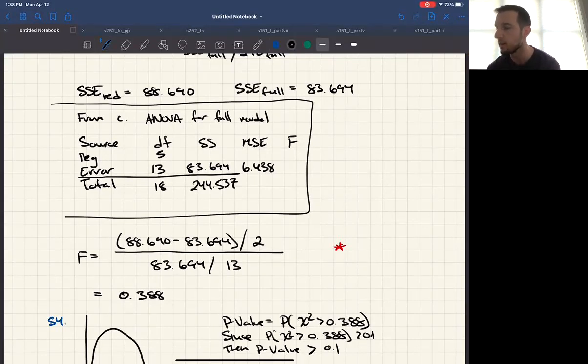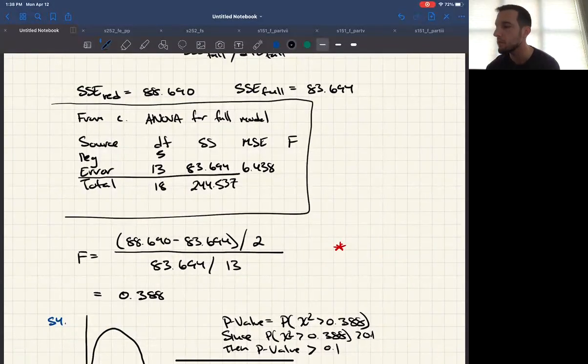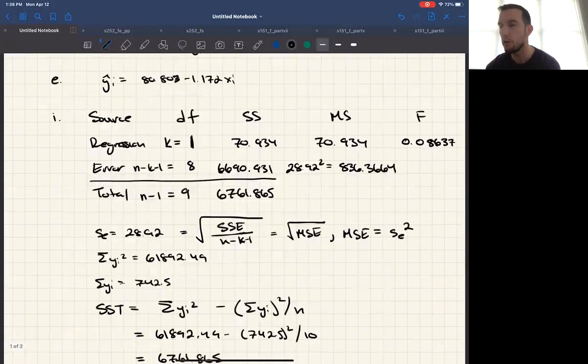So you could potentially be given an incomplete ANOVA table and be asked to fill in the table based off of a couple of values, but that wouldn't require strenuous calculation. It would just require using the properties of the ANOVA table, like the examples that we did in lecture today. And that's the same for quiz 2. Quiz 2 did not require you to use the computing formulas. It just required you to use the properties of the ANOVA table.